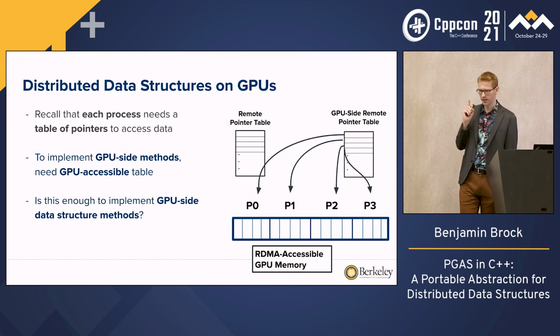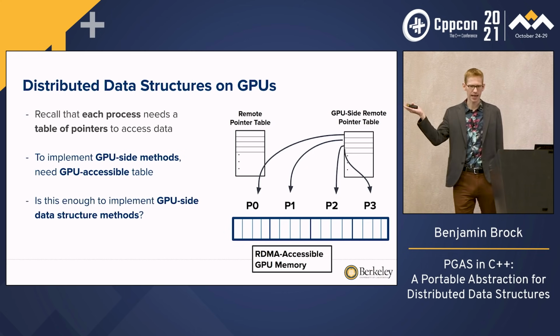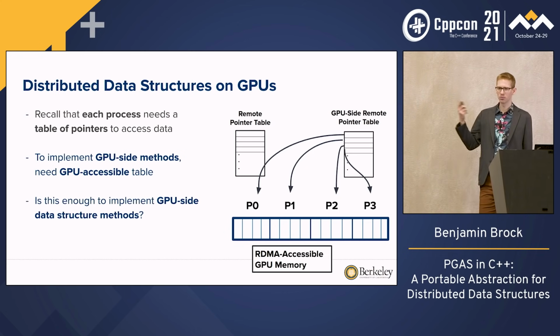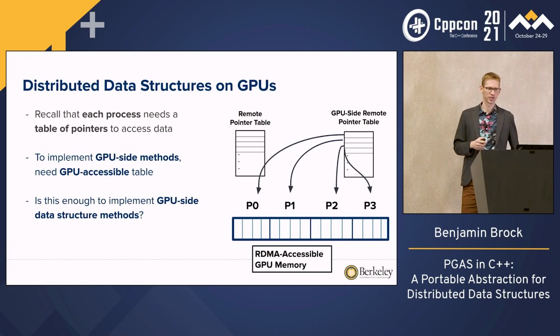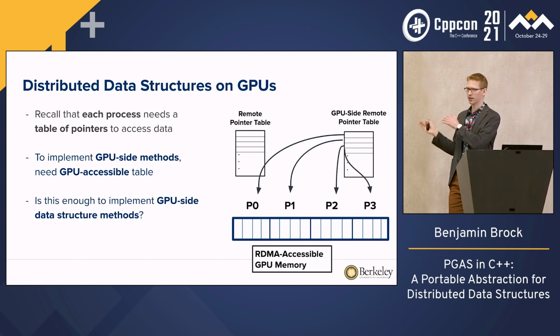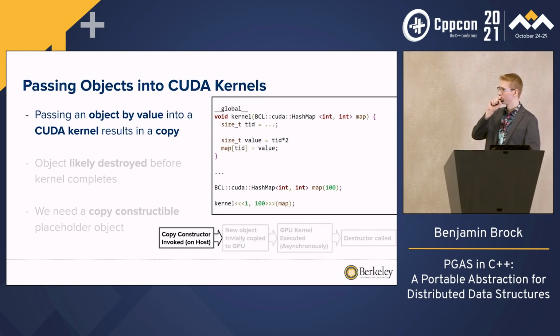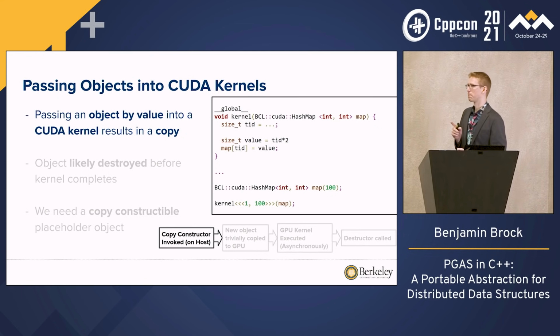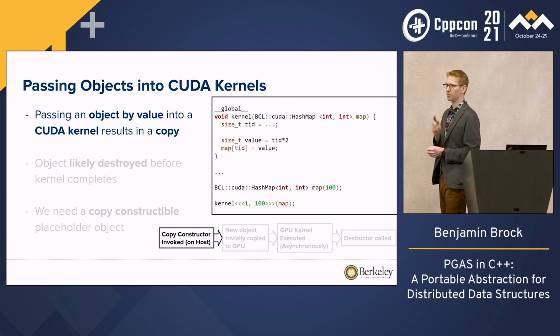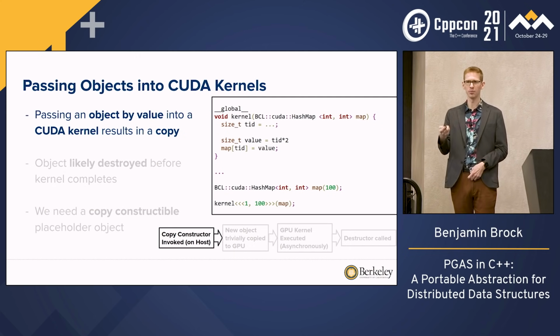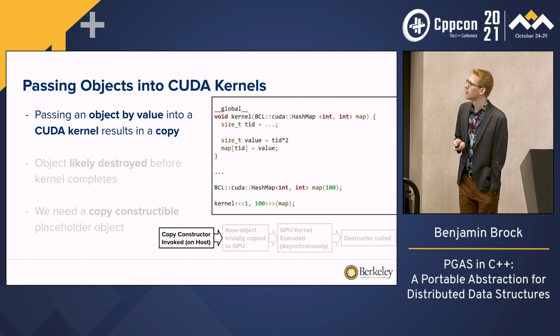So then you come to a question, which is, is this enough to implement GPU side data structure methods? Can we just go ahead and copy this data structure to the GPU, inside a GPU kernel, and run it? It turns out the answer is no. And this is actually because of the semantics of what happens when you pass an object into a CUDA kernel.